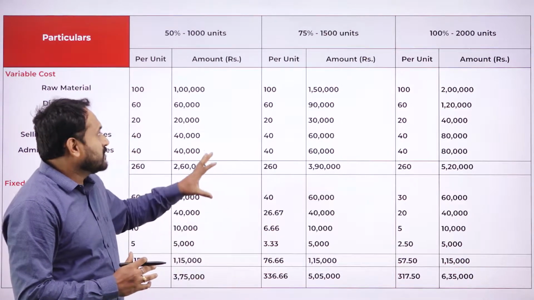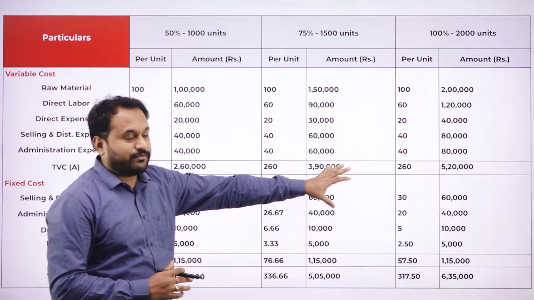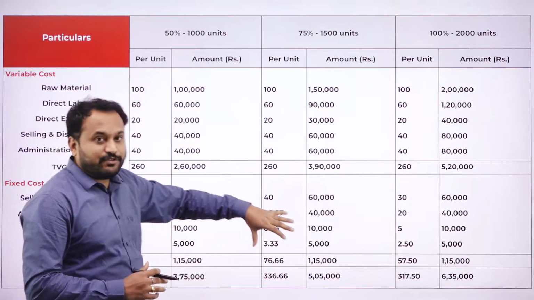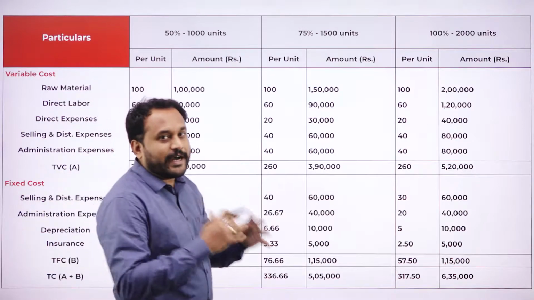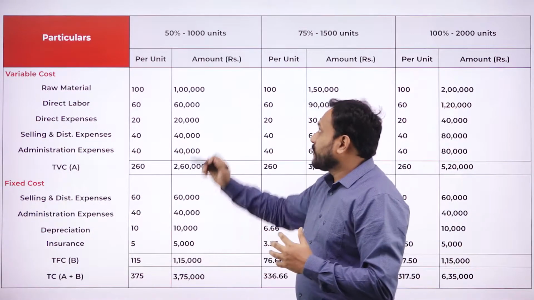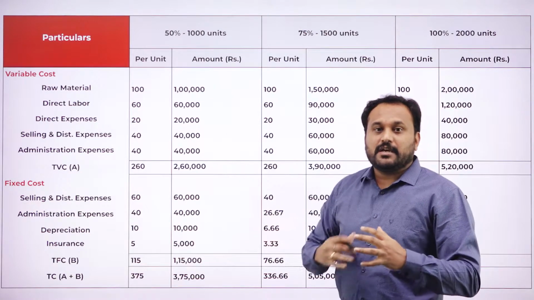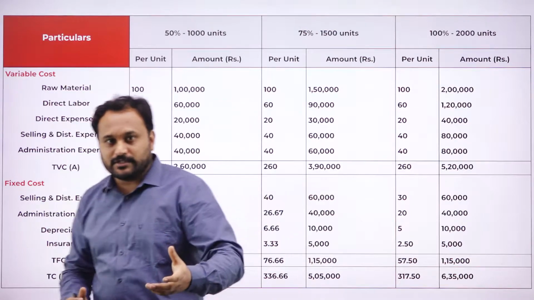So here, students, 50%, 75% and 100% is what we have calculated. I'll give you a difference here, so you will get to know why these things happen. If you carefully understand, at 50% if we produce 1000 units, at 100% it will be 2000 units.